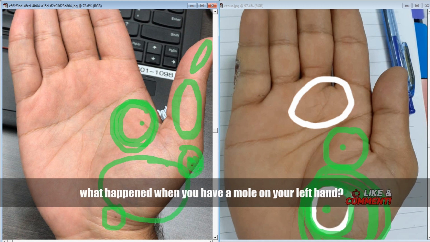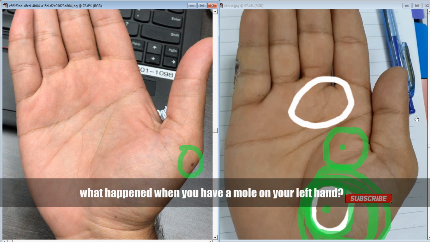So the mole is somewhere in the middle, really at the juncture of the reasoning and the love area. So it has got to do with this particular area, which is going to become an extremely important area for this person, and it might play out in a major way.